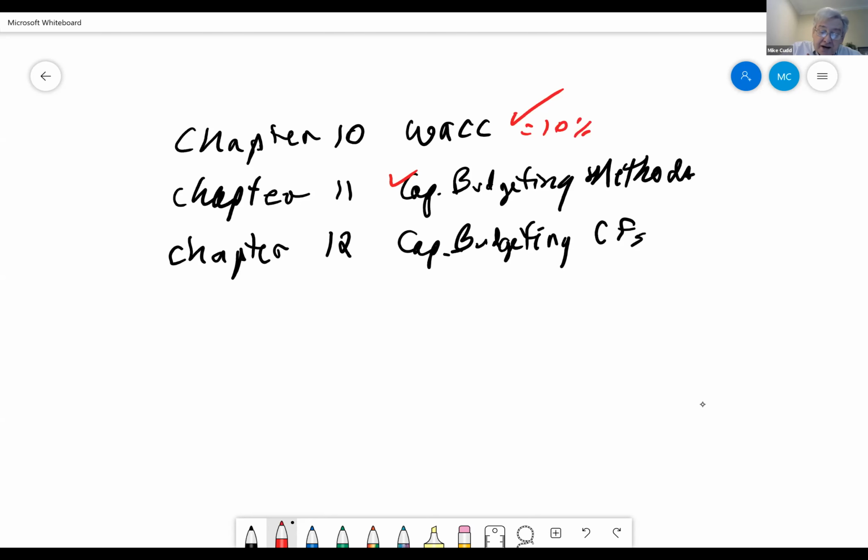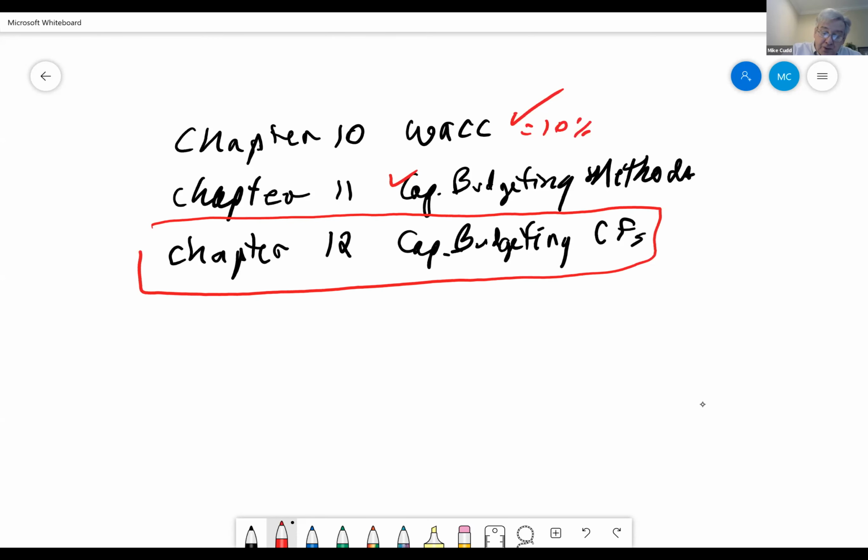Now we're going to back up with chapter 12 and actually see where we come up with those cash flows.